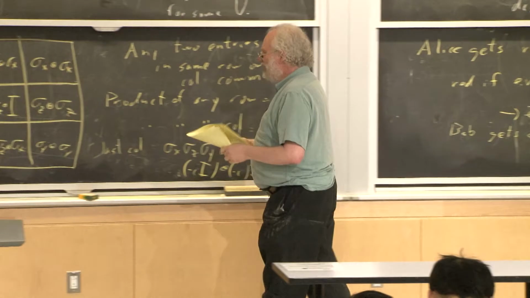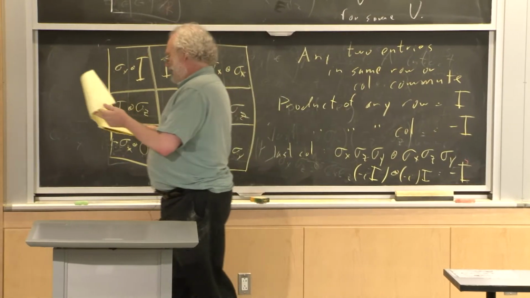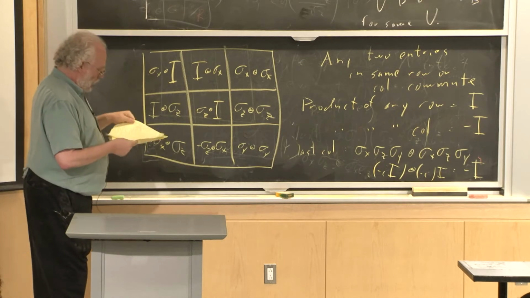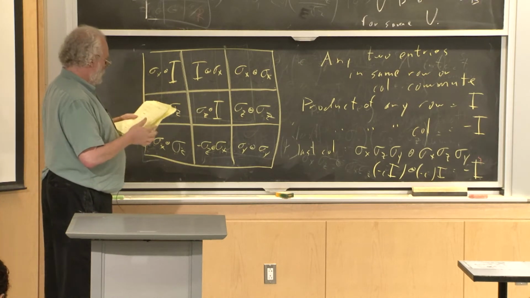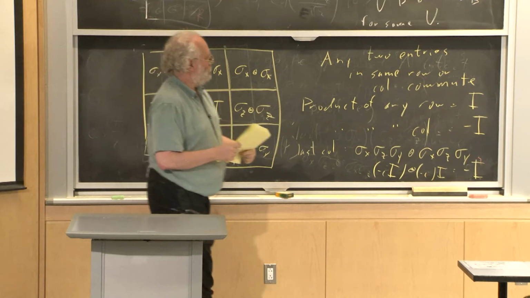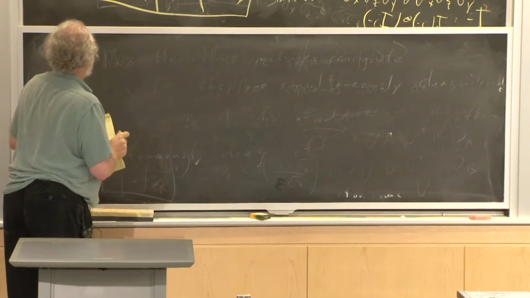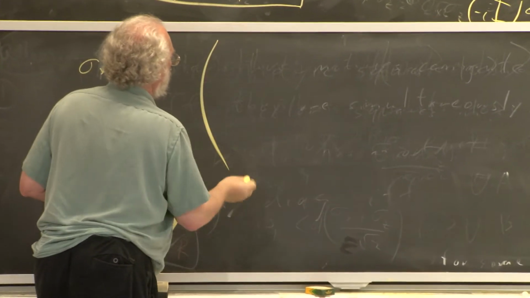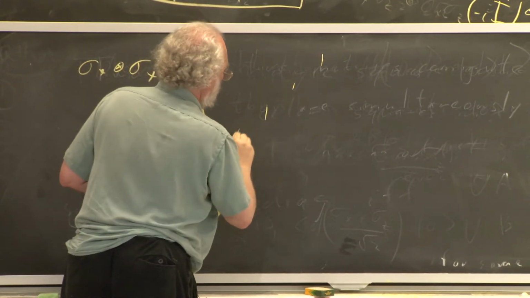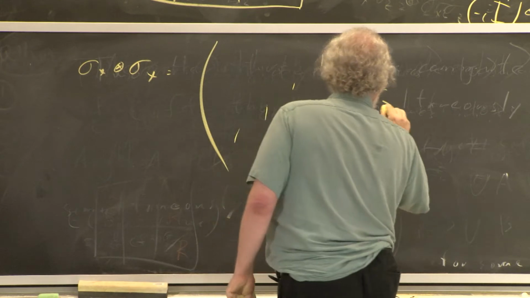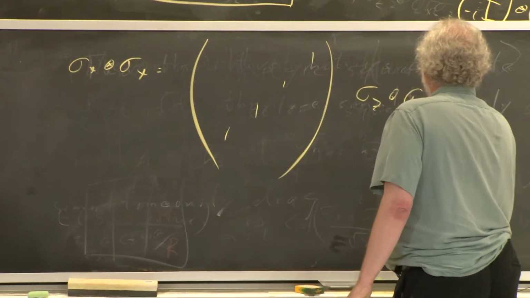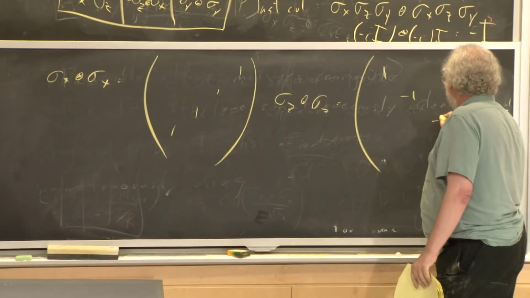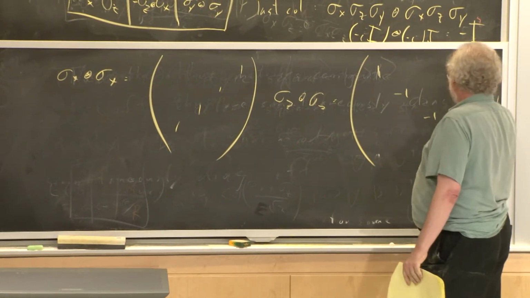OK. So the last thing I wanted to do was say what the simultaneous eigenvalues are in sigma x tensor sigma x in this column. So sigma x tensor sigma x is equal to 1, 1, 1, 1. Sigma z tensor sigma z equals 1, minus 1, minus 1, 1.